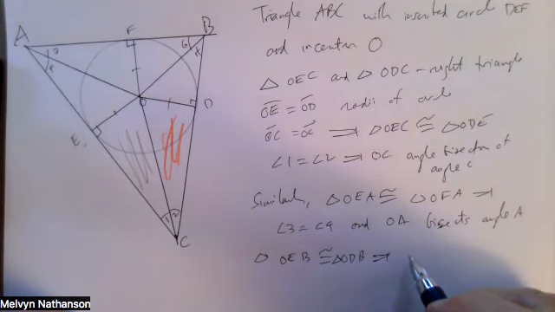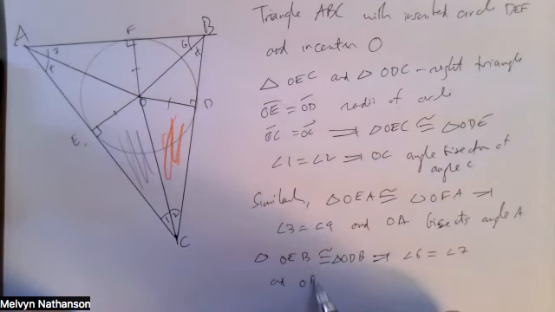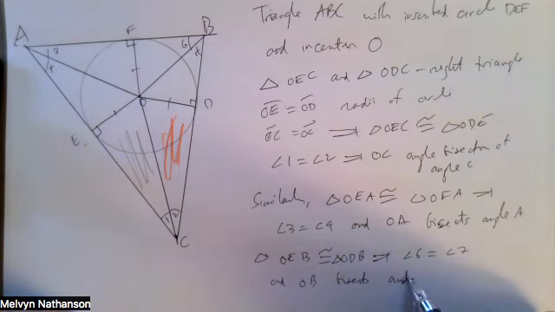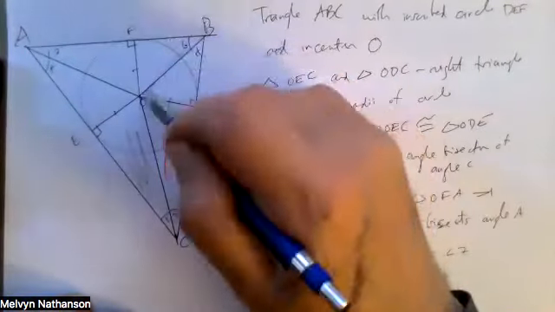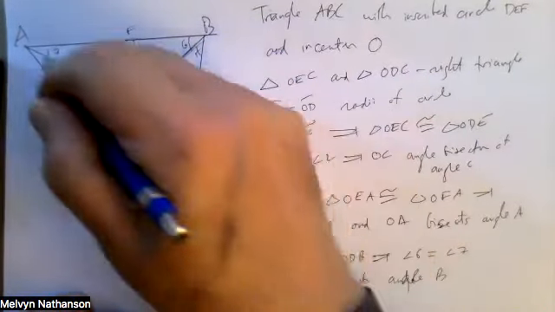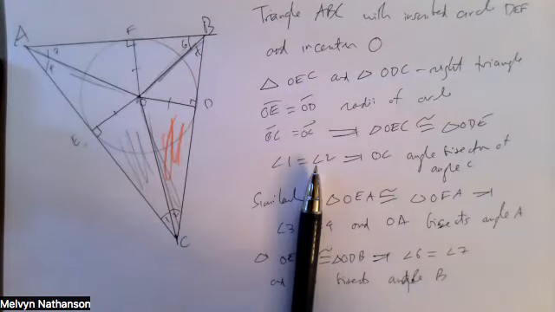So angle 6 equals angle 7, and OB bisects angle B. So these are the angle bisectors. They meet at a point inside the triangle, which is the incenter of the triangle.